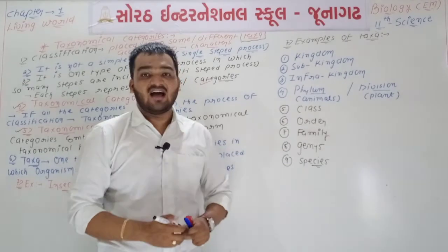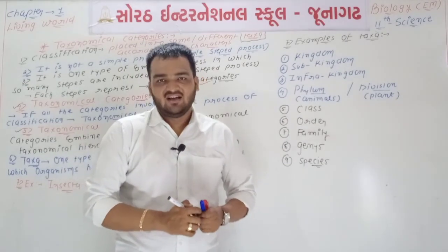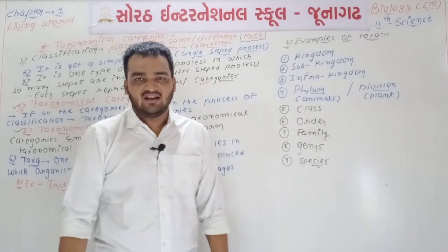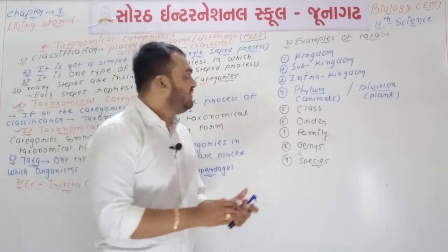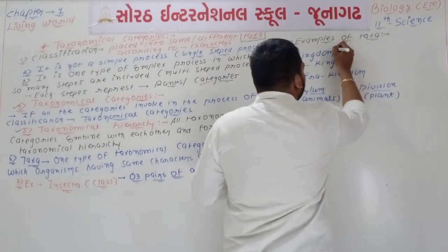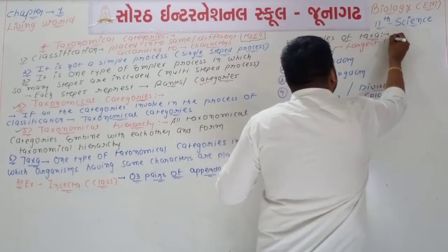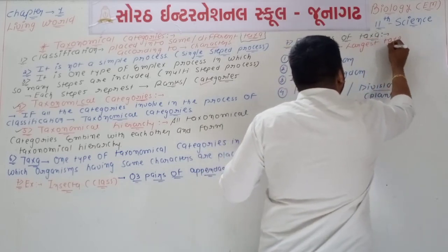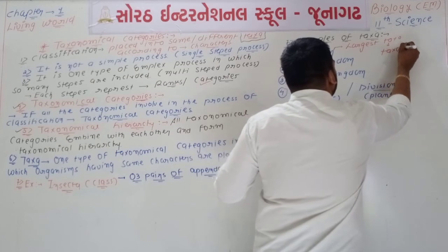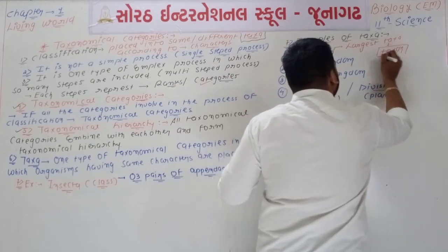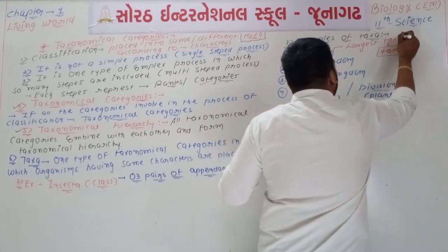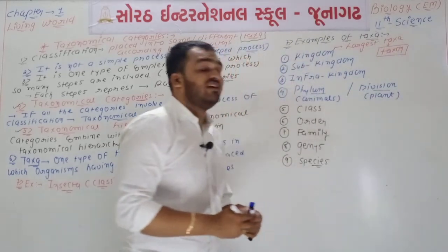These 9 words are the examples of taxa covering the whole classification of animals as well as plants. So you will remember kingdom is the largest taxa of this world, so it is known as taxon.